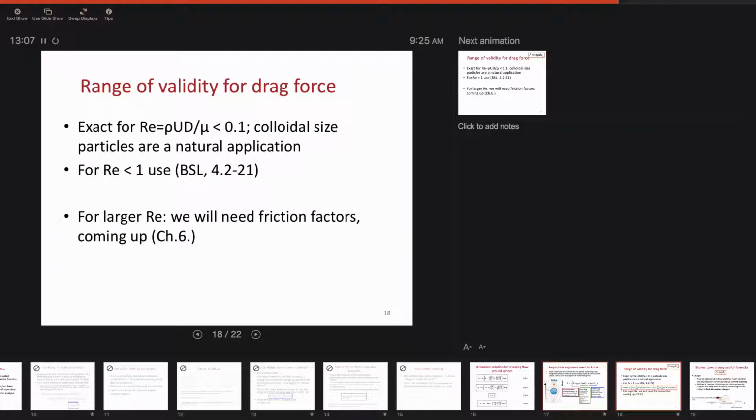Okay. Because it's simple and it's easy, it's some sort of baseline. So even if it's off, it's still a good first order approximation on the forces around this flow.